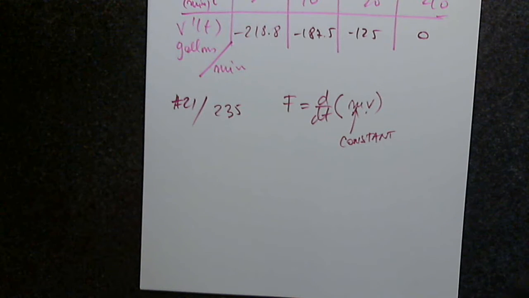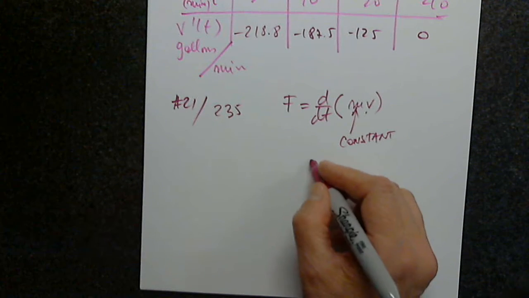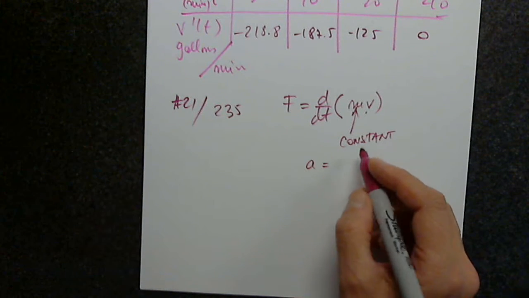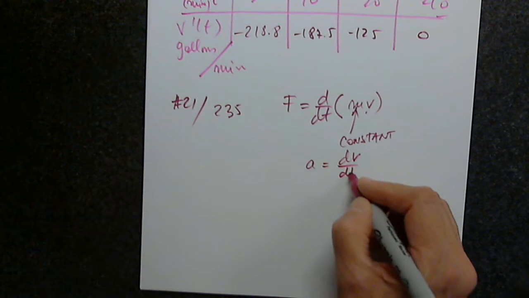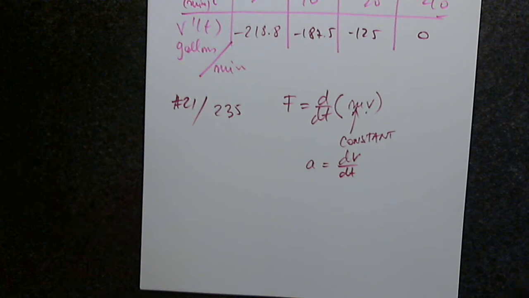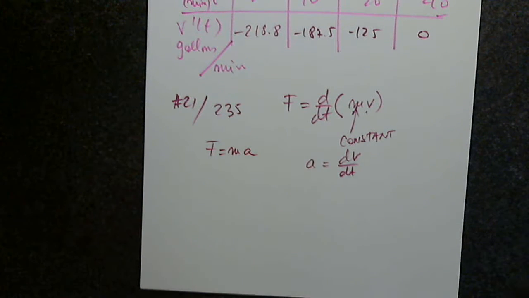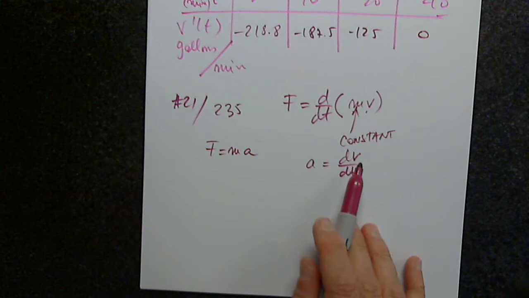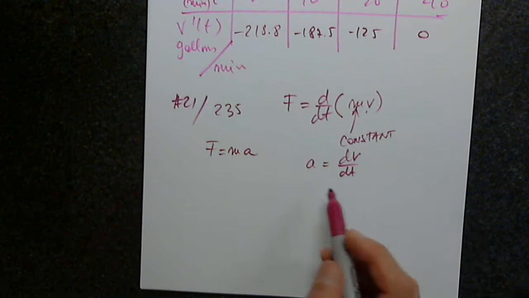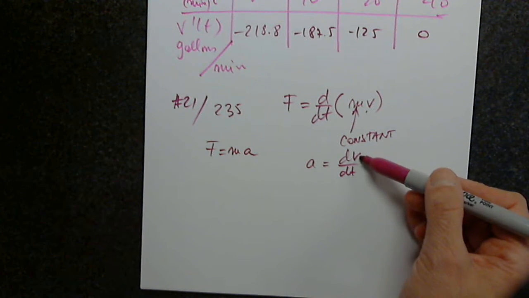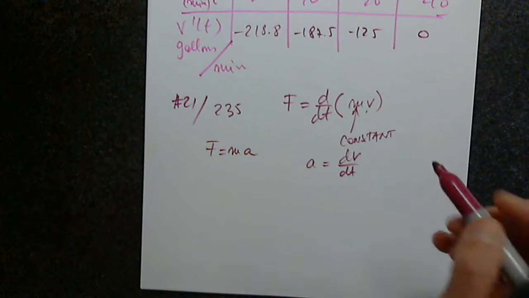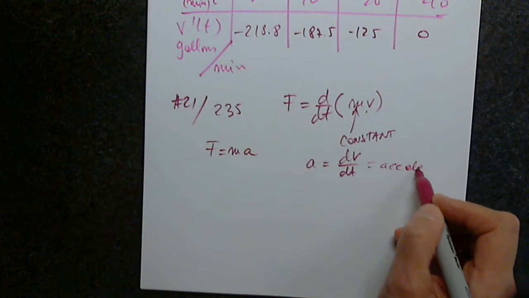If m is constant, this becomes F equals m times a, where a, of course, is the acceleration, the derivative of the velocity with respect to time. So this is acceleration.